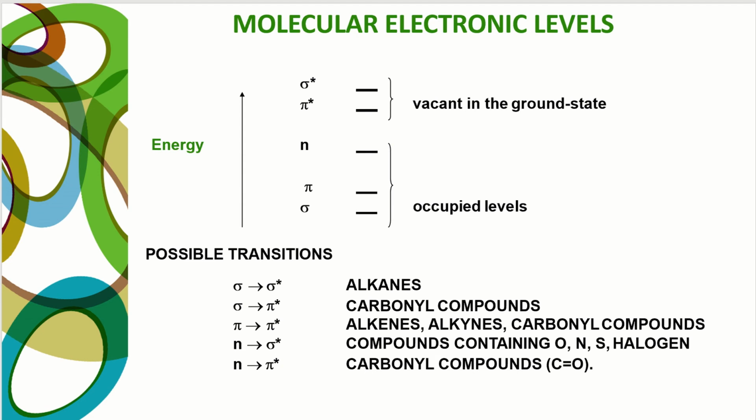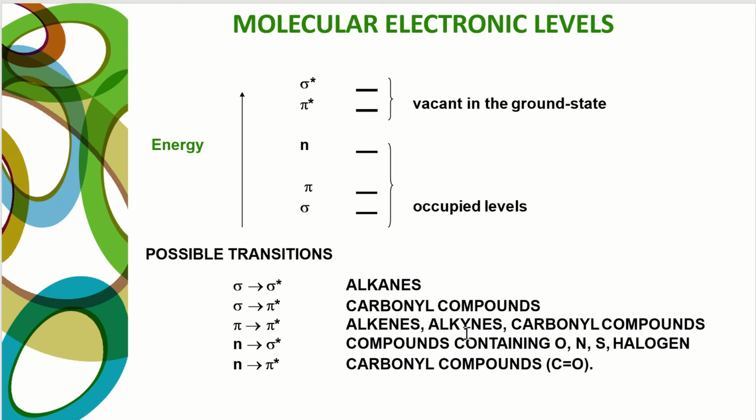All right, moving right along. So what are the possible transitions? For alkanes, the possible transitions are sigma to sigma star. For carbonyl compounds, and you see that occurring twice, you can have sigma to sigma star transitions, as well as n to pi star transitions.